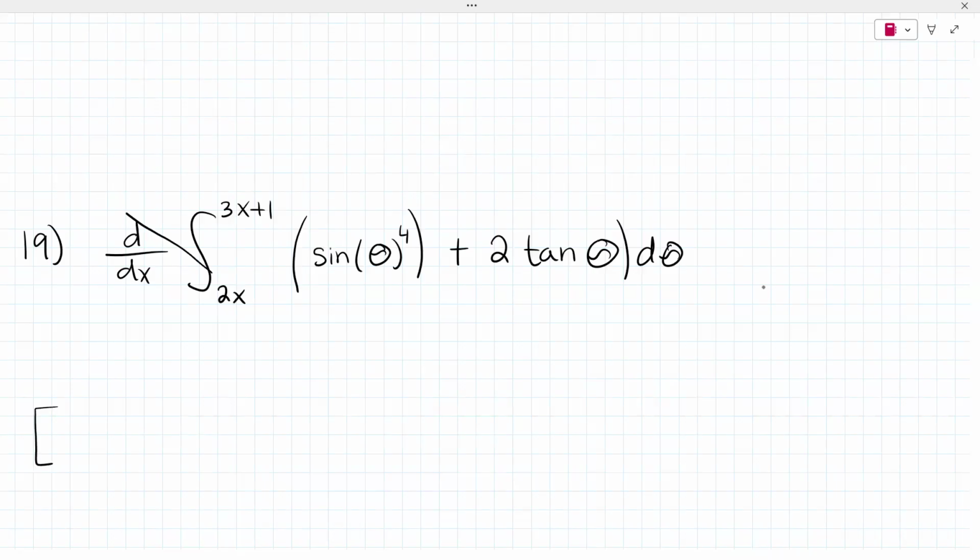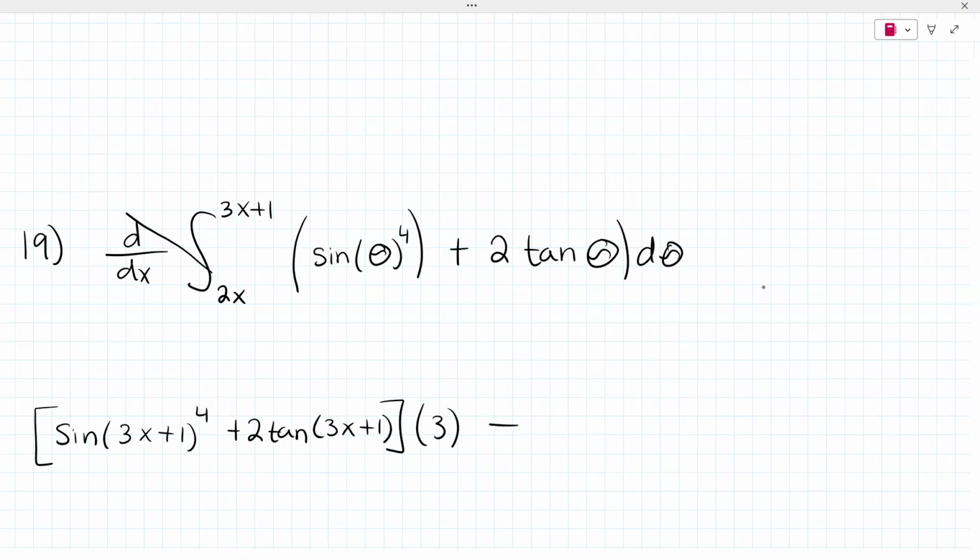So I'm going to say bracket sin, and then I'm going to replace my theta with the upper boundary, which is 3x plus 1, raised to the fourth, plus 2 tan of 3x plus 1, times the derivative of 3x plus 1, which is 3.